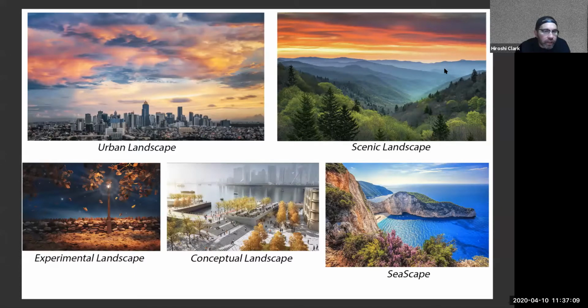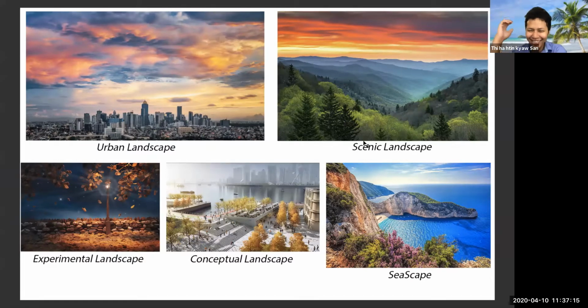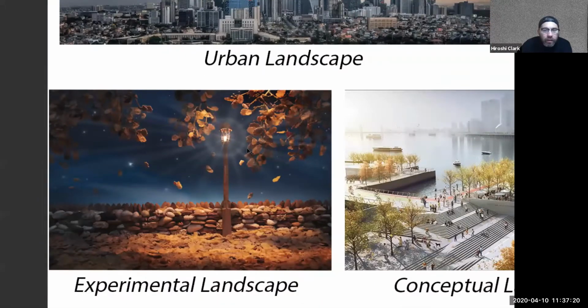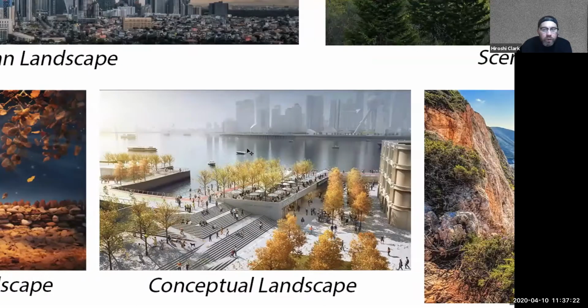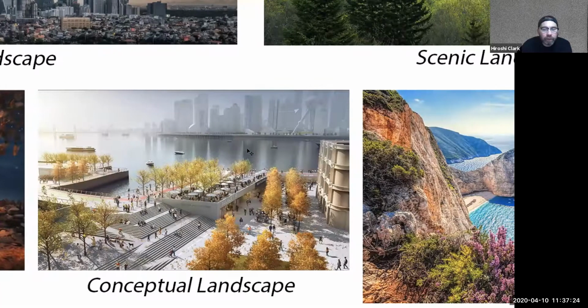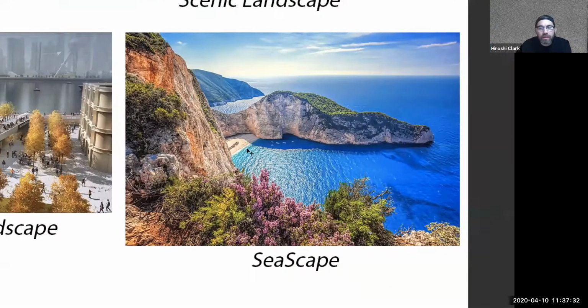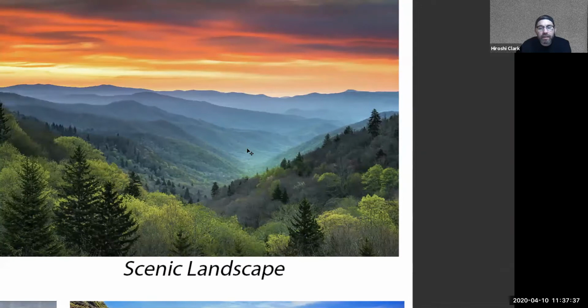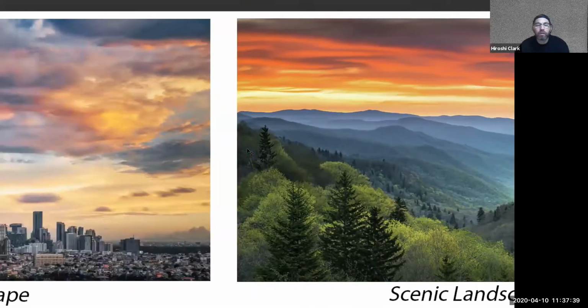It looks like the leaves look like Raisin Bran or something. All right, the conceptual landscape. This is like an illustration, a photo illustration. Cool. A seascape, beautiful. And a scenic landscape. Okay, cool. Thanks, Tiha.